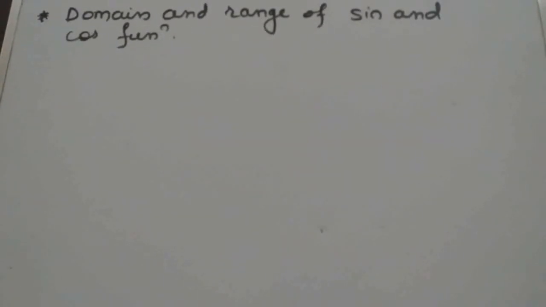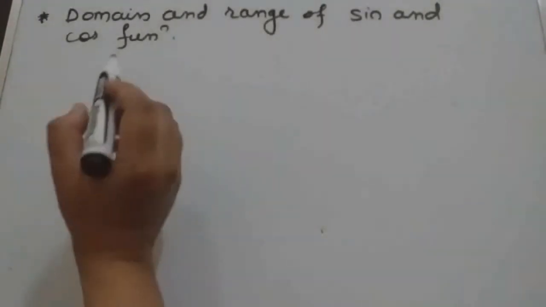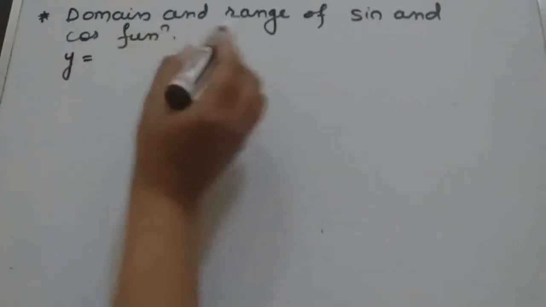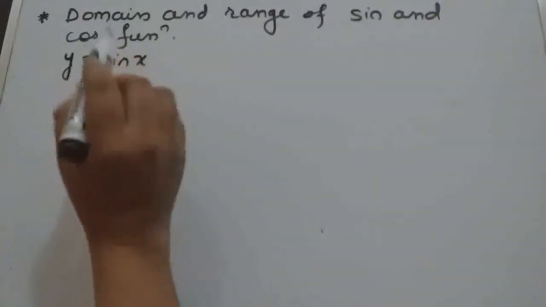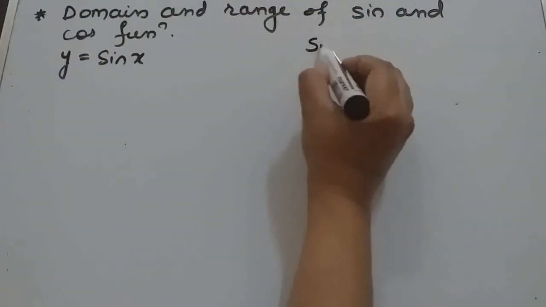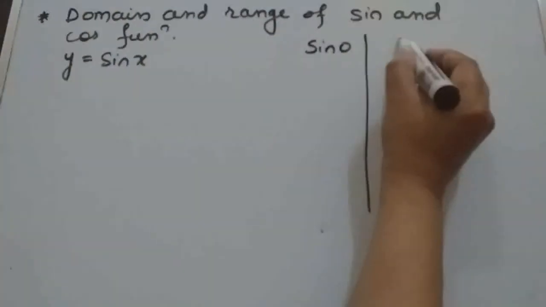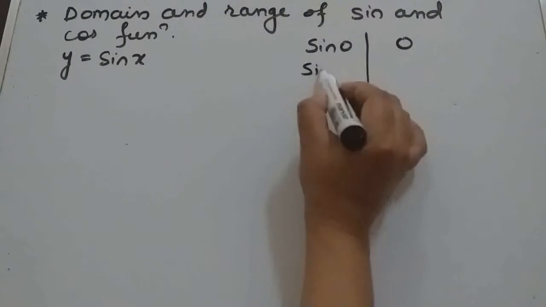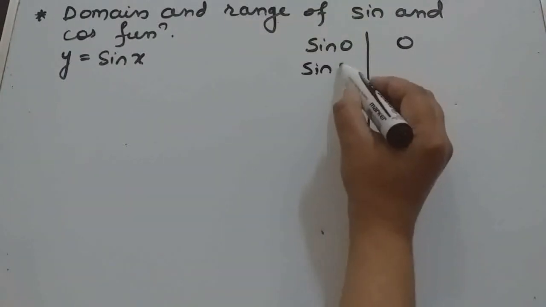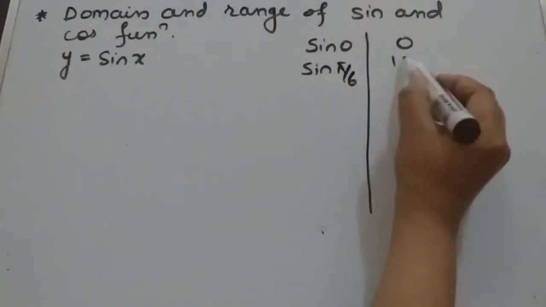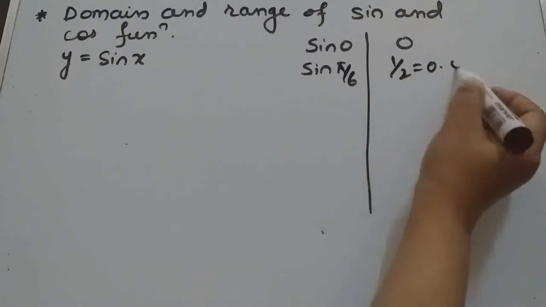Domain and range of sine and cos function. First we will see the domain of the sine function. For this we should find all the values. We know sine 0 is 0. We just now saw sine 30, that is pi by 6, is 1 by 2, that is 0.5.